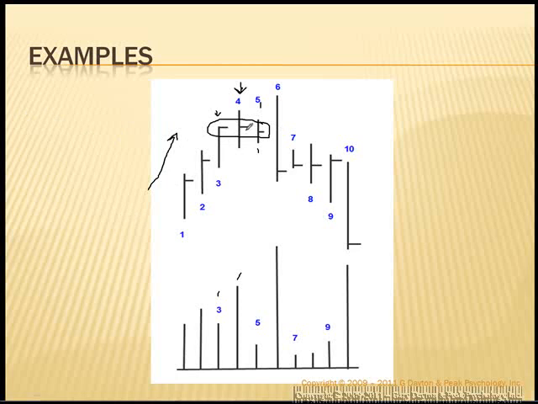In VSA, they often talk about this little narrow range bar, down bar on very light volume as a test. But you're looking at one bar and saying that, gee, it's a test because it's light volume and it's narrow spread and it's a down bar.